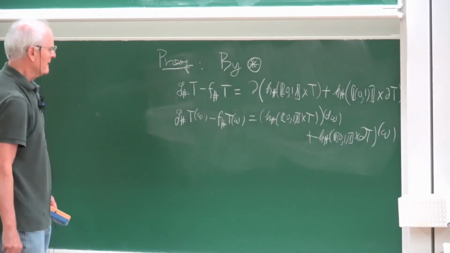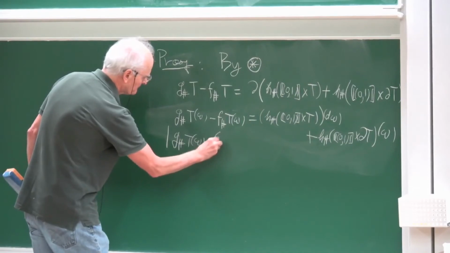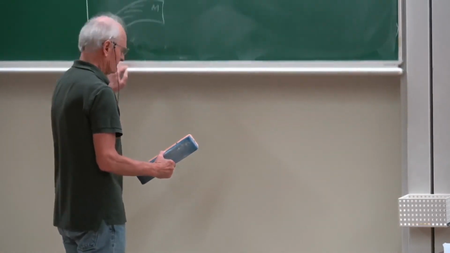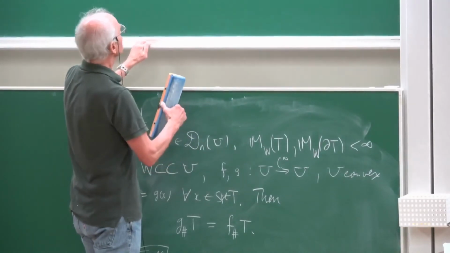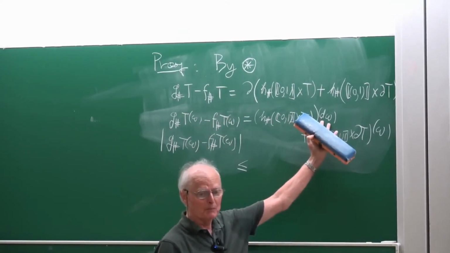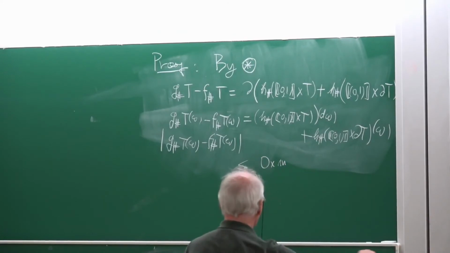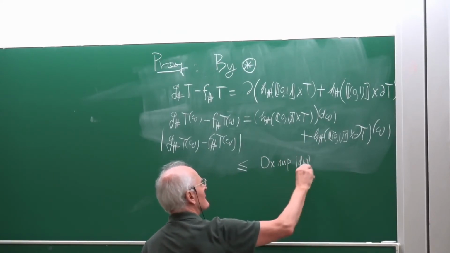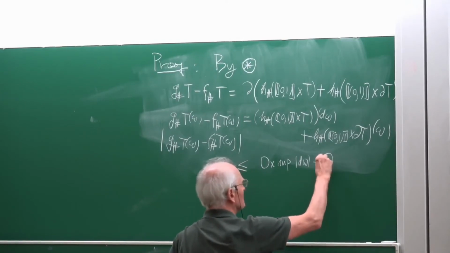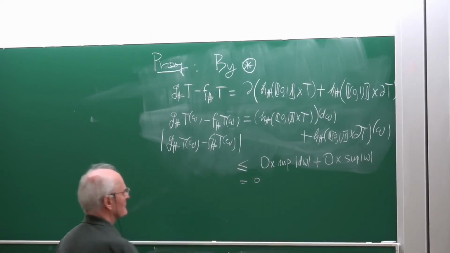Now, that means that the modulus of the difference is less than or equal to the mass of that, which is 0 times the sup of mod d omega, by that inequality on the right board, plus, again, 0 using the right board with boundary of T in place of T, again 0 times sup of omega, by definition of mass, which is 0. So that's it.